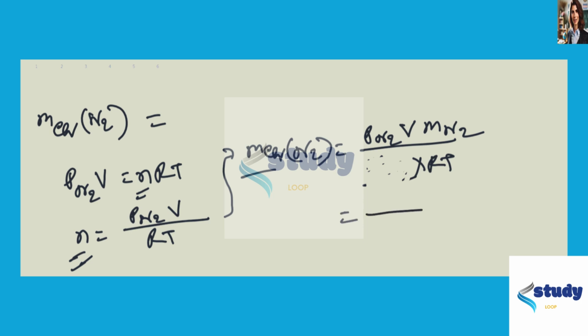Now if we plug in the values, P we have calculated as 2.91 atm, times the volume is 1 liter, times the molar mass of nitrogen is 28.0 gram per mole.